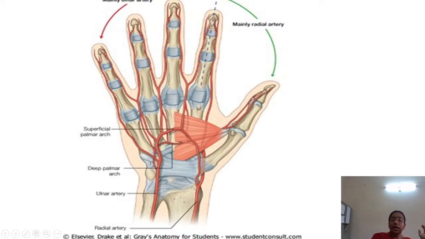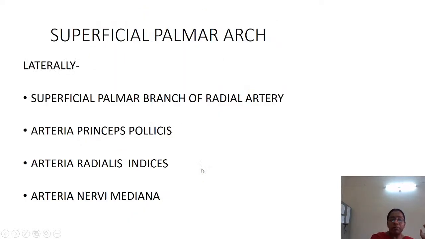Yes, the superficial terminal branch of the ulnar artery on the medial side anastomoses with, laterally, the superficial palmar branch of the radial artery. It might be the superficial terminal palmar branch of the radial artery, or arteria princeps pollicis, or arteria radialis indicis, or arteria nervi mediana.